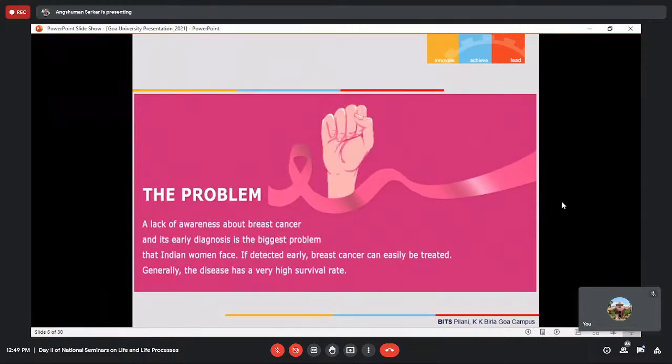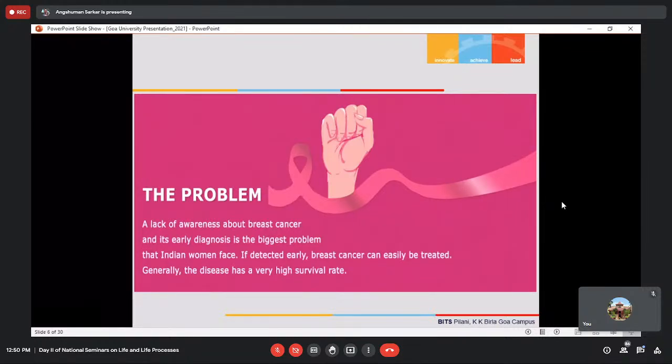So the problem is mainly with breast cancer or any type of cancer. The problem is a lack of awareness about breast cancer, and its early diagnosis is the biggest problem. Therefore, it all depends on personal or individual care. And if detected early, breast cancer can be easily treated.